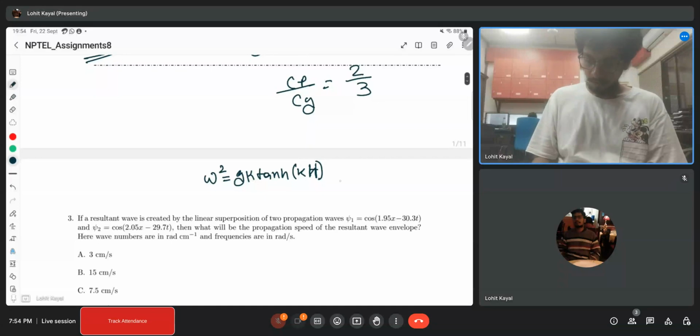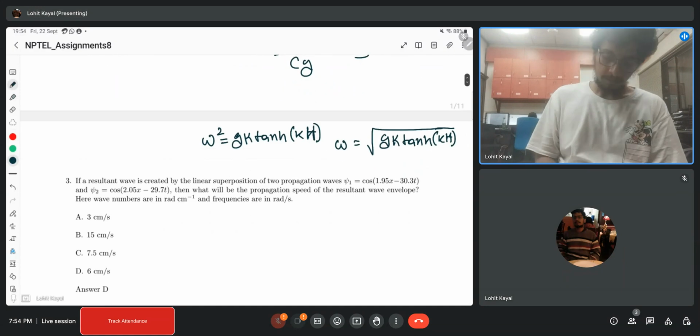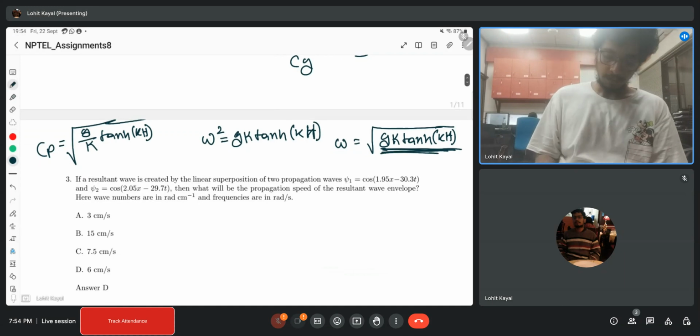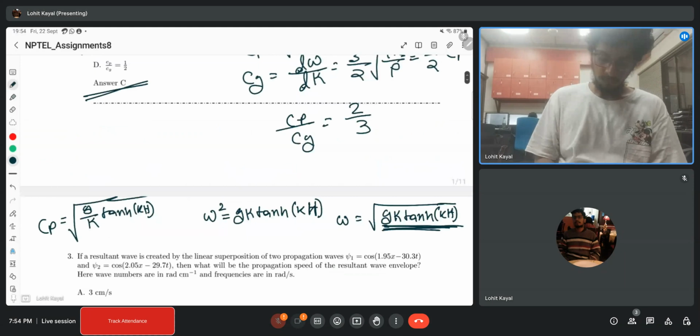So omega equals square root of gk tanh kh. So phase speed will be Cp equal to square root of g by k tanh kh. And for group velocity Cg, you need to do some more work.